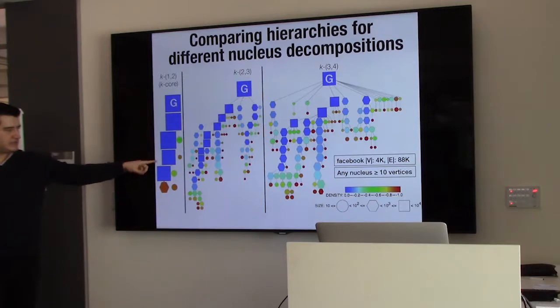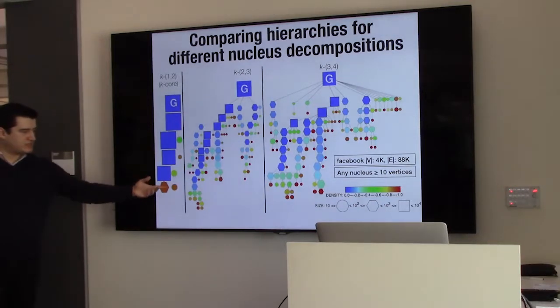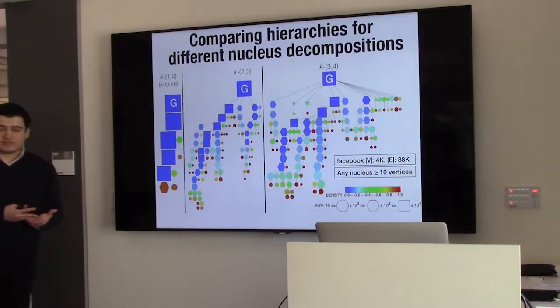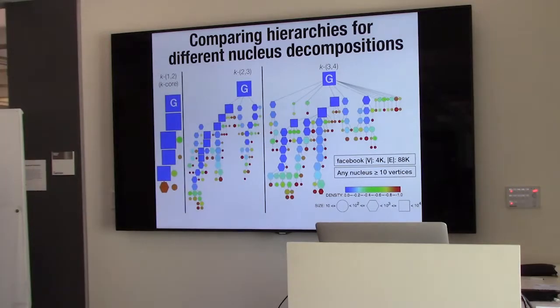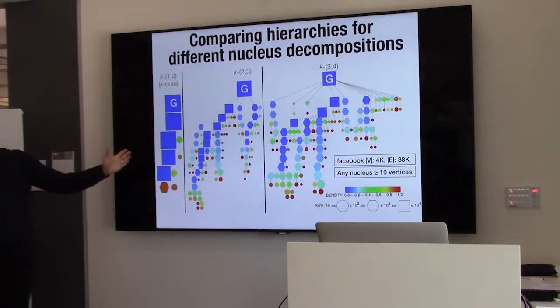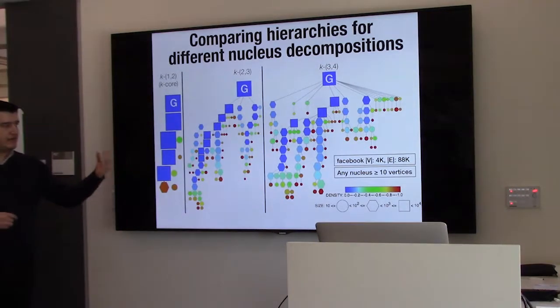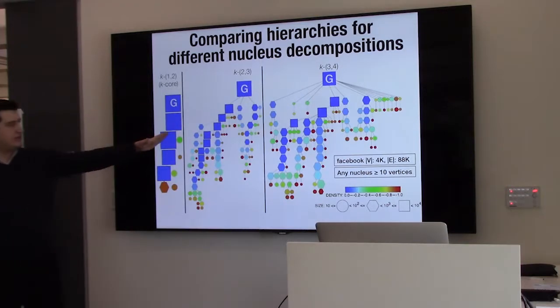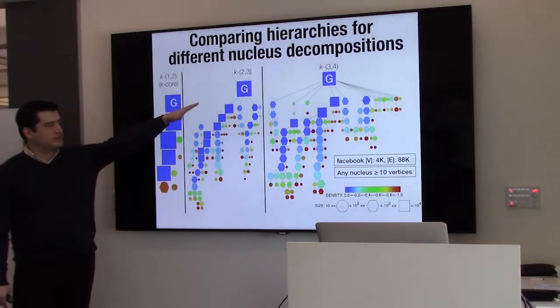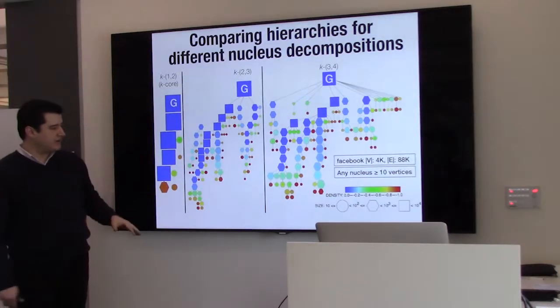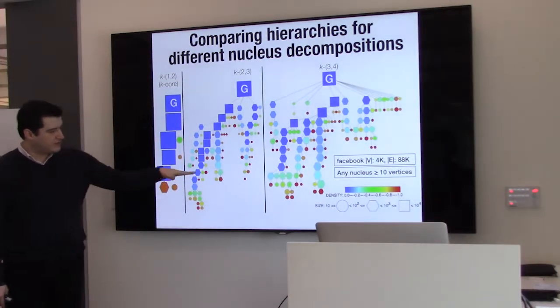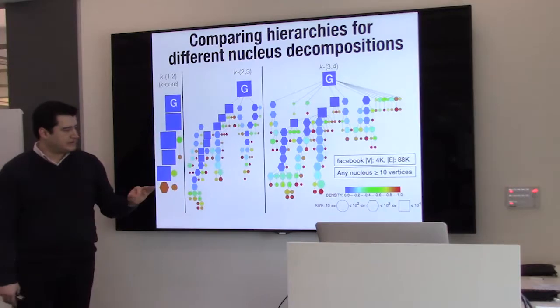This contains this, and we want to find as many subgraphs as possible with larger density and a diverse set of vertices. But if you go to just (2,3), you definitely have more branching. The root subgraph is always the entire graph, and in the (2,3) case you have many red circles.